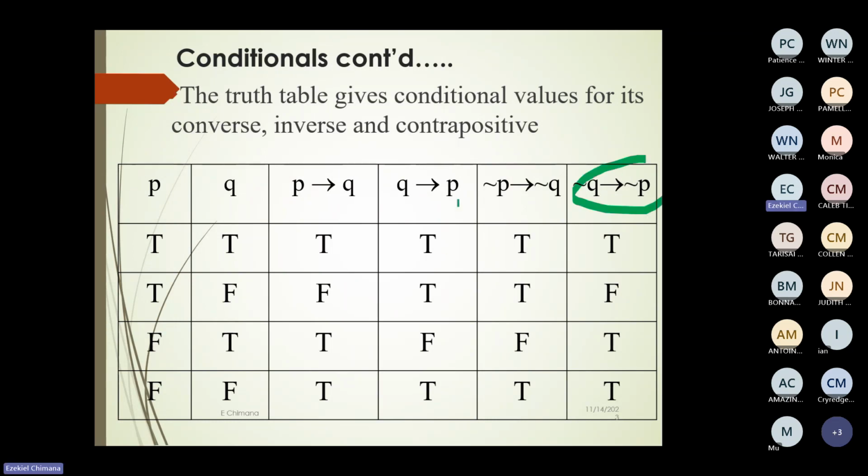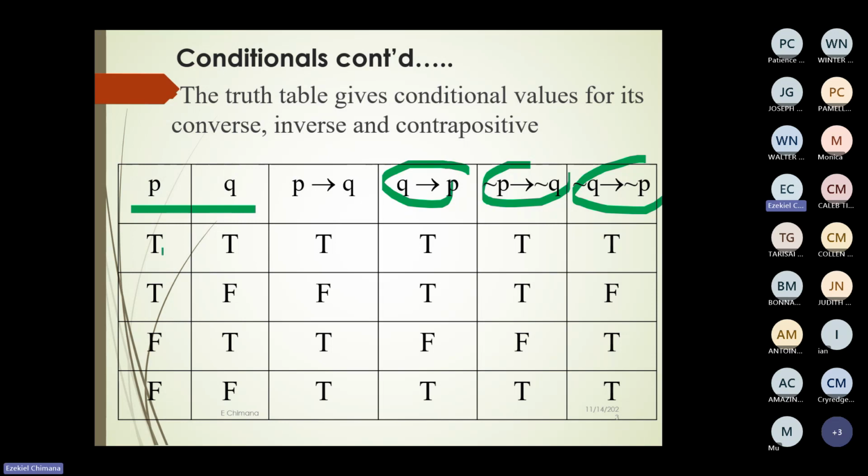If you look at all the compound statements that we have, they only have P and Q. So in other words, we are just having two simple statements, which are P and Q. The first thing is to have these columns for P and Q, and then P implies Q, and from this P implies Q, we are going to work out the converse, the inverse, as well as the contrapositive statement.